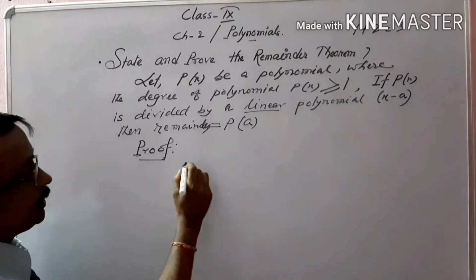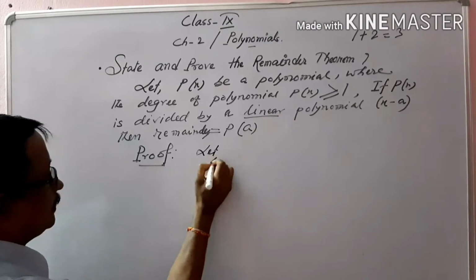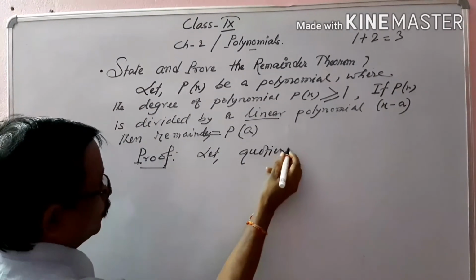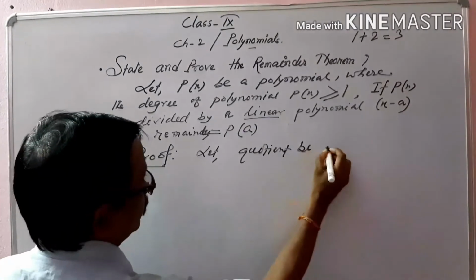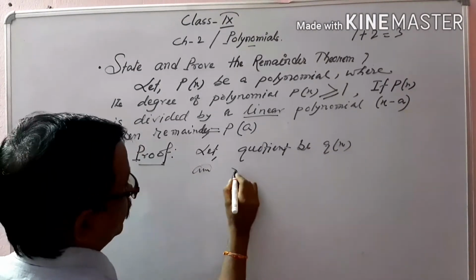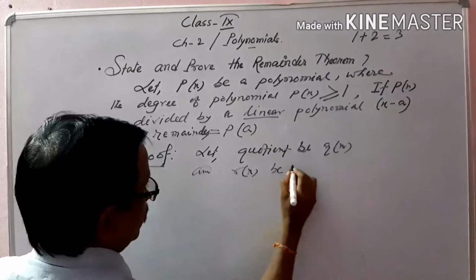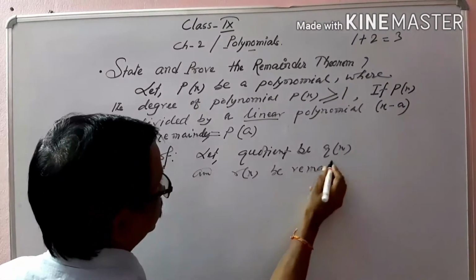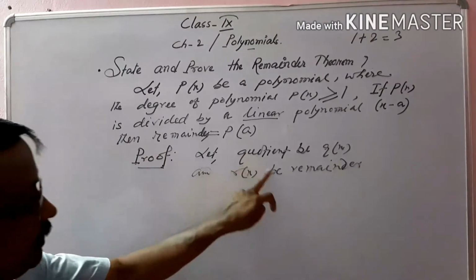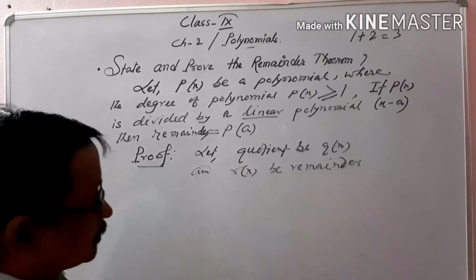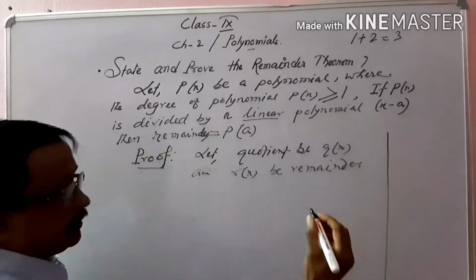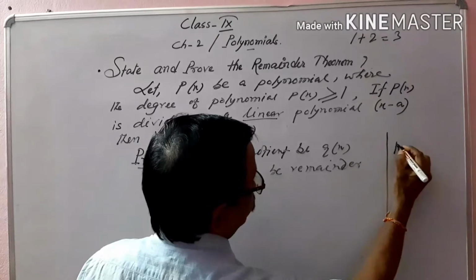How do you prove this one? First let us consider Q(x) be the quotient and R(x) be the remainder. Once it is a division matter, that means quotient is also there and remainder also there. So I am showing one rough work. In case of division, one formula is there.